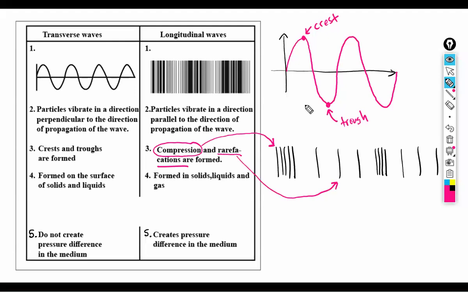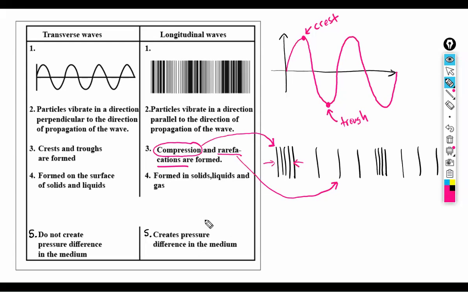But remember, in a transverse wave, the displacement and the direction of the wave are at right angles. That was key. And in a longitudinal wave, the displacement of the particles and the transfer of the energy are parallel. And it's easy to imagine that in a longitudinal wave, the compressions will cause what?